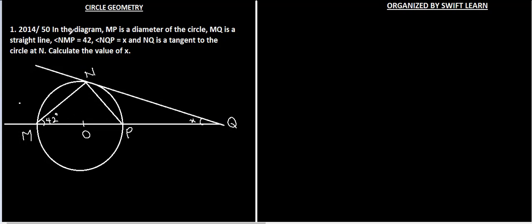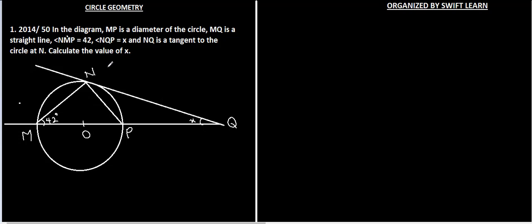Can you see the middle part is the most important? That's where you have the angle. Now NQP is X and NQ is a tangent to the circle N. So this is a tangent. As you can see, it passes through the circumference, or what you can call the surface of a circle. Find the value of X.